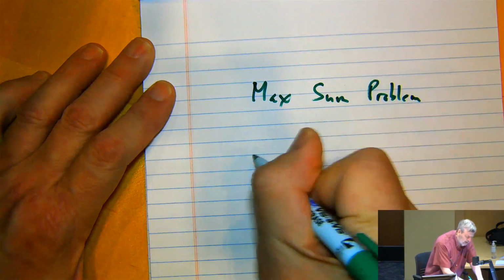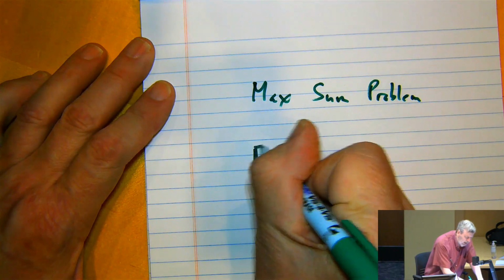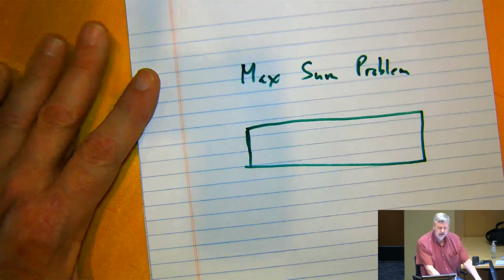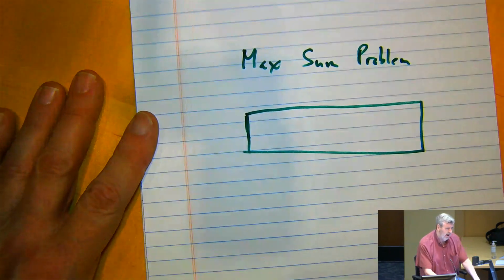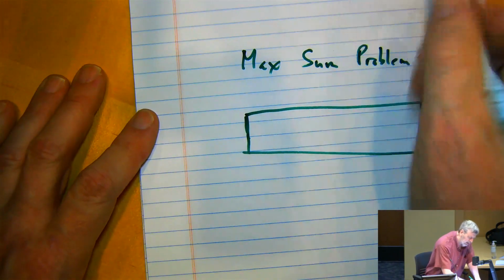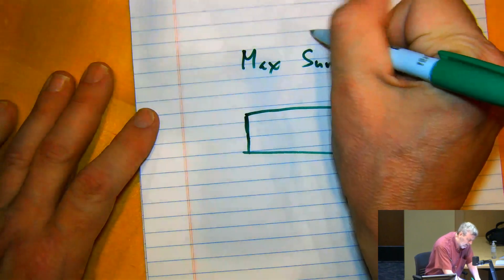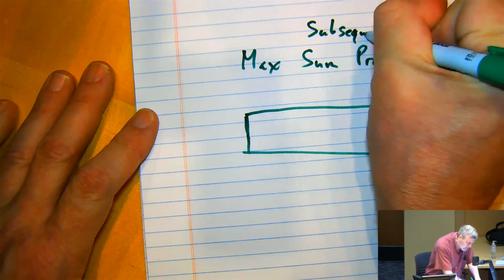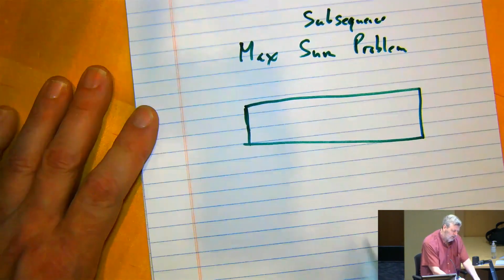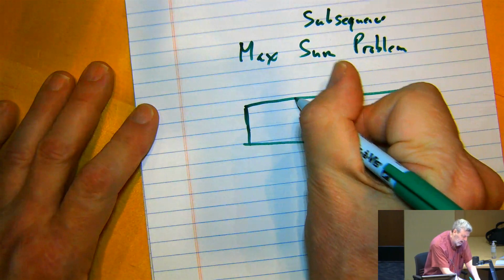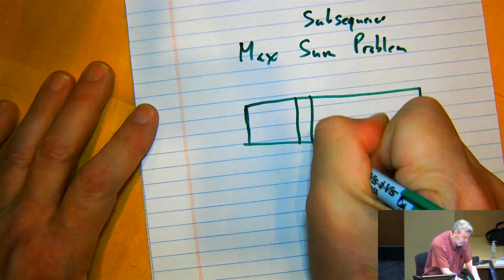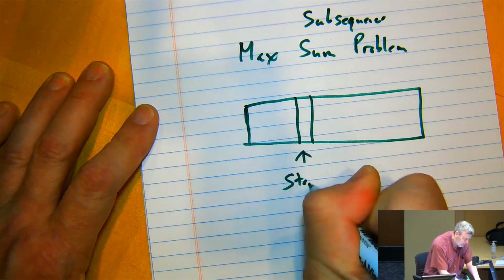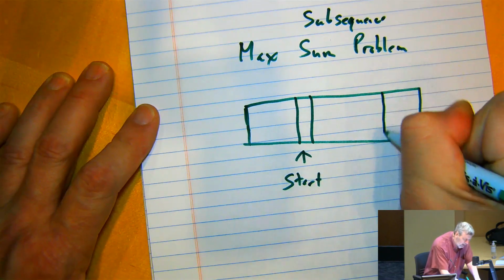So the idea is that you have some non-empty array of values. If it was empty, then the max sum problem isn't defined. But actually, I should have called it max subsequence sum. So I've got an array of numbers, and I want to identify a starting index and a stopping index.